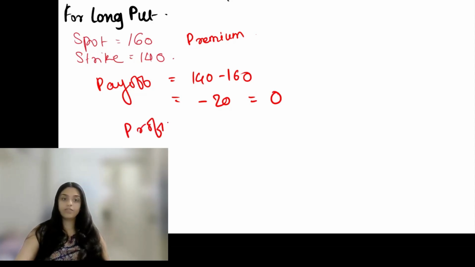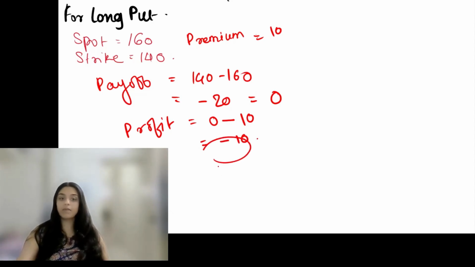And what is the profit? Profit is zero minus the premium paid, and that is minus 10, the maximum loss of the long put position. Now for the short put position, what have we discussed?